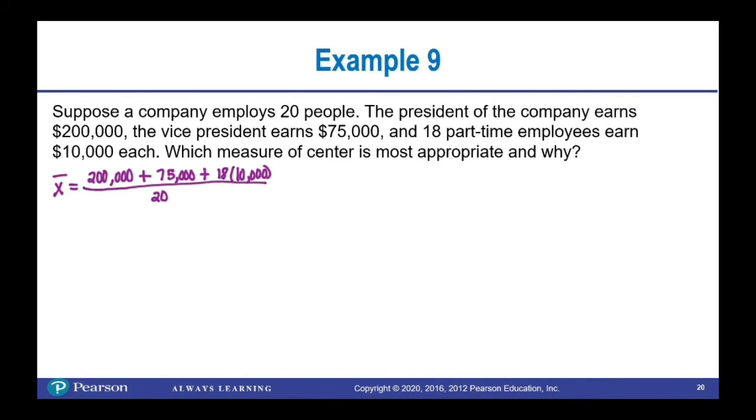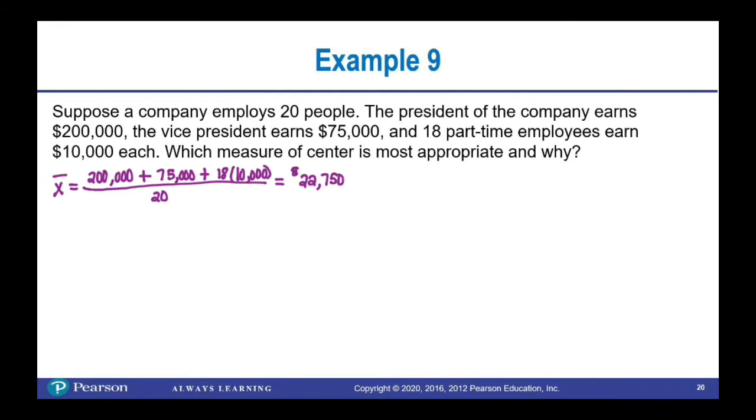Divided by a total of 20 gives us a mean of 22,750. Now notice that this mean is affected by the really high salaries of the president and the vice president. This mean is much higher than the typical salary. So our mean is not going to be the most appropriate.